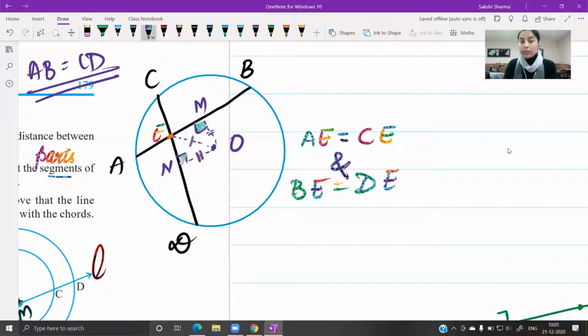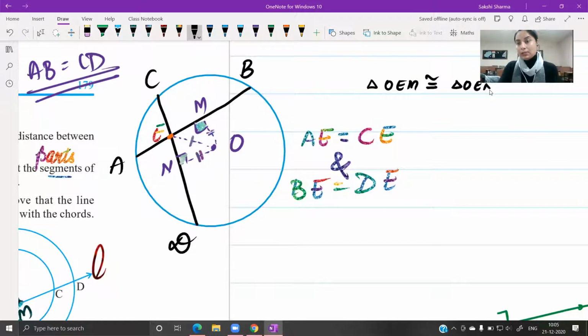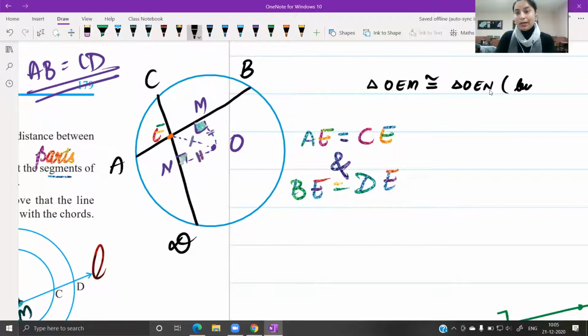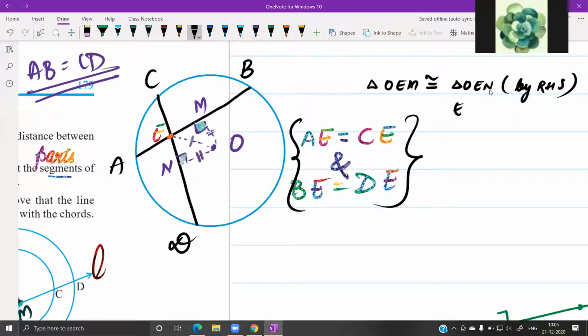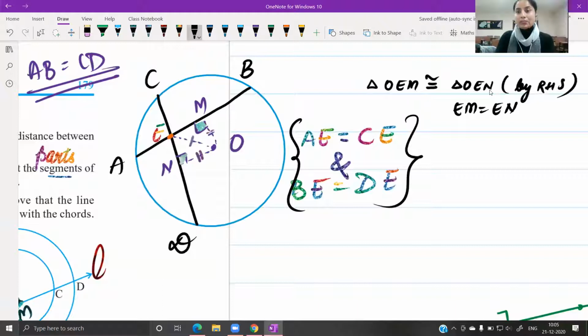And what do we conclude, with the help of which we can prove this? So I'm going to conclude by CPCT. Once I have proved triangle OEM congruent to triangle OEN, and as we just discussed, this will be proved by RHS, what do we conclude? After this congruence, what do we conclude to obtain the result? EM equals EN. These are actually the parts of the chords, not the ones we want to prove equal, but yes, these are the parts of the chord that we can see in the figure.